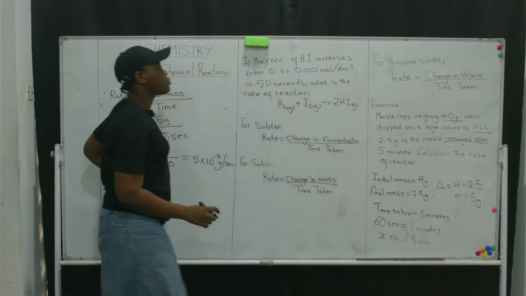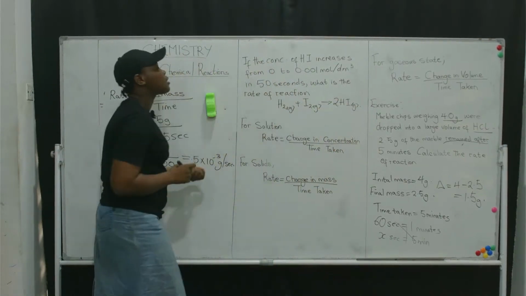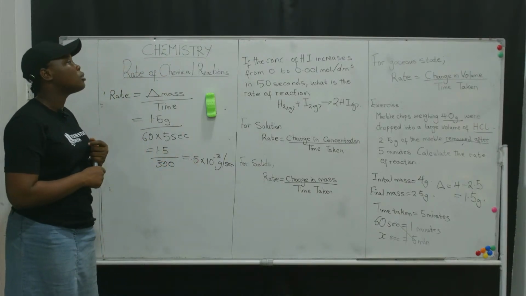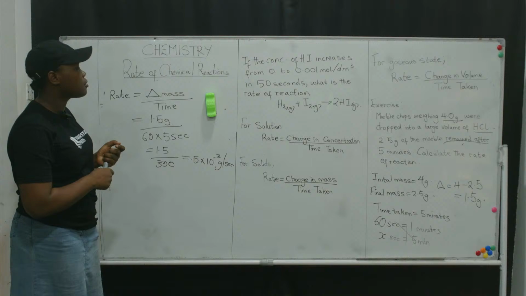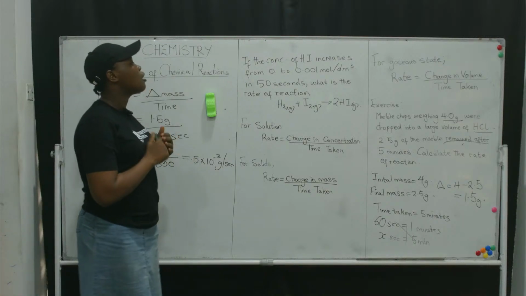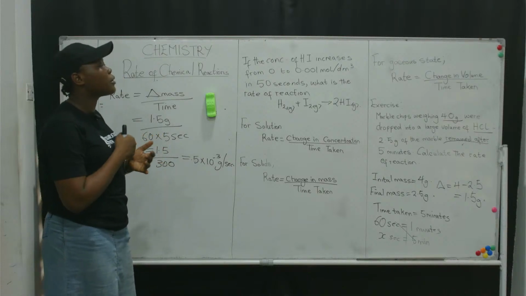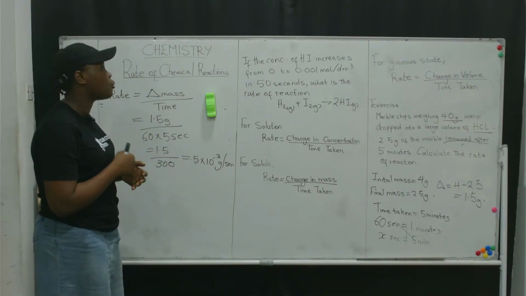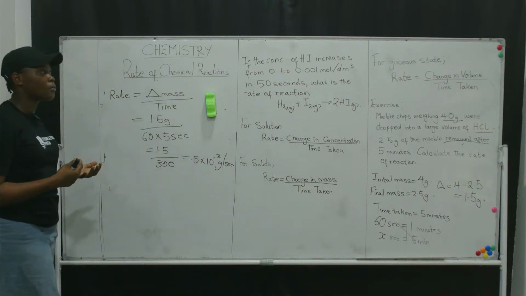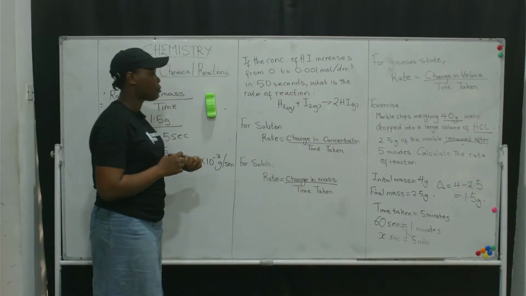If the concentration of HI increases from 0 to 0.001 mole per dm cube in 50 seconds, what is the rate of reaction?